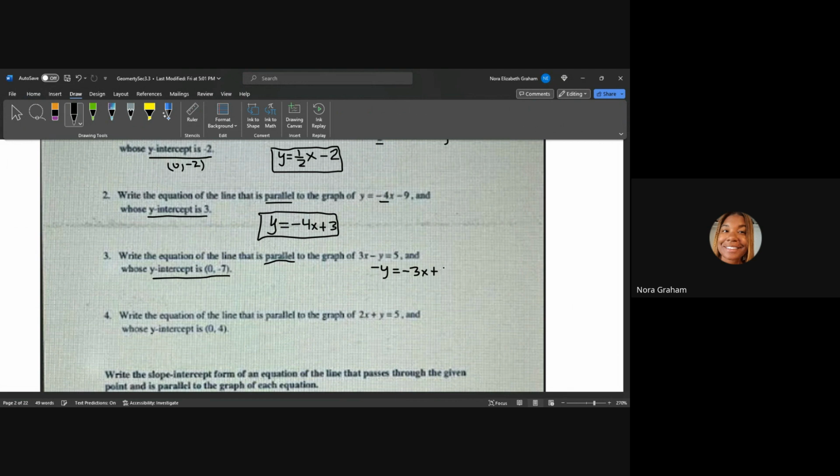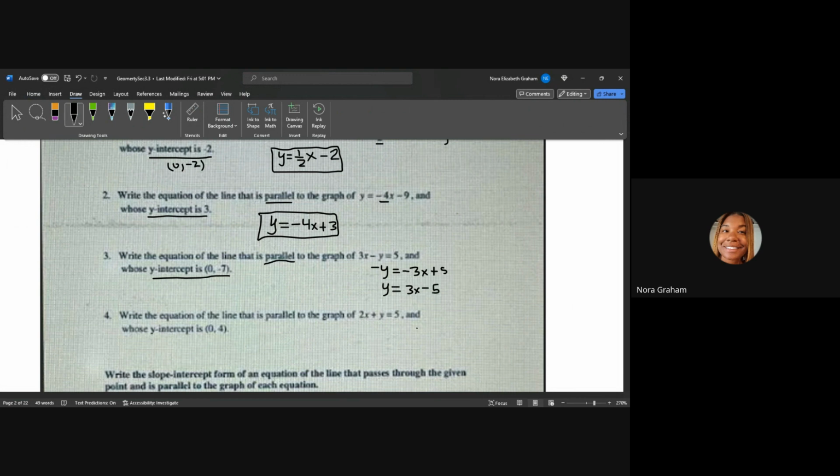And then we can simply divide all of my terms by -1 because we want our y to be totally isolated, just by itself. So when I divide everything by -1, I'll simply get y equals negative divided by a negative gives me a positive 3x minus 5.